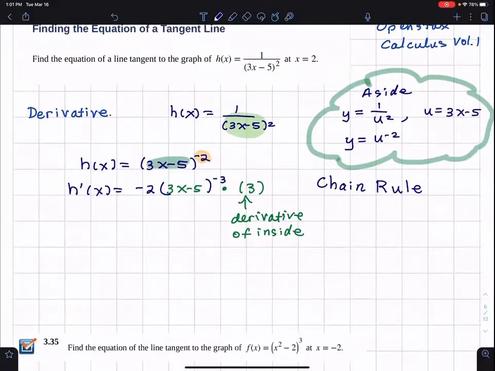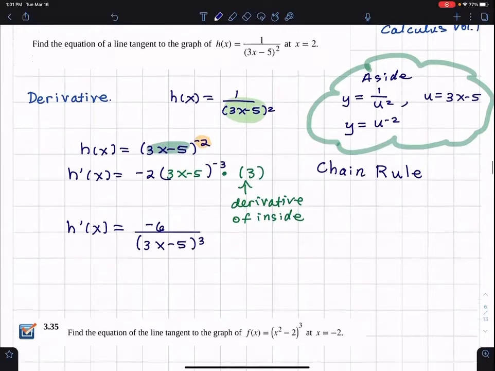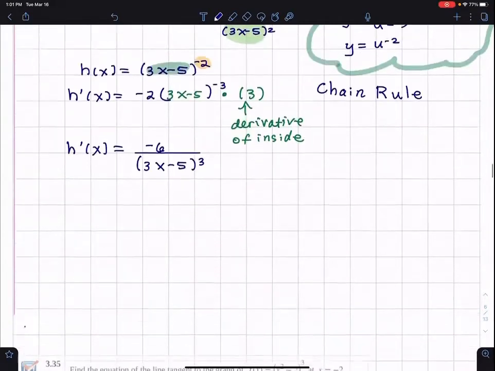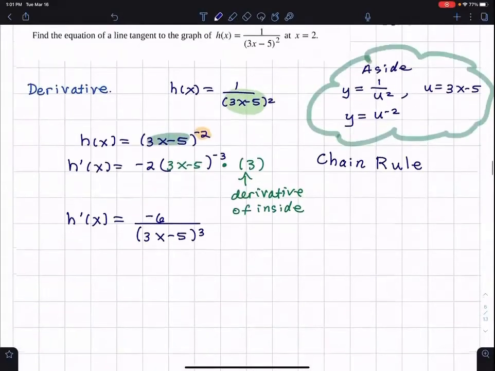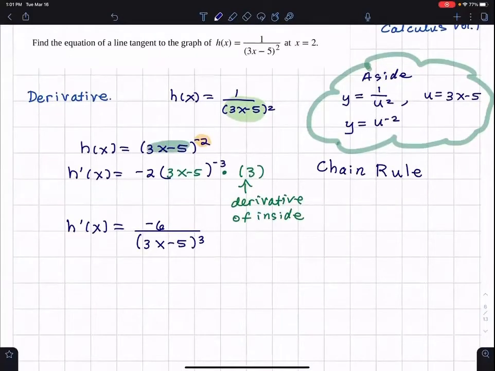So I get h prime of x equals negative 2 times 3, which is negative 6. And then I want to write this (3x minus 5) to the negative 3rd power as a polynomial in the denominator. So I brought it to the denominator. I just thought it looks better that way, but okay, so we got that.